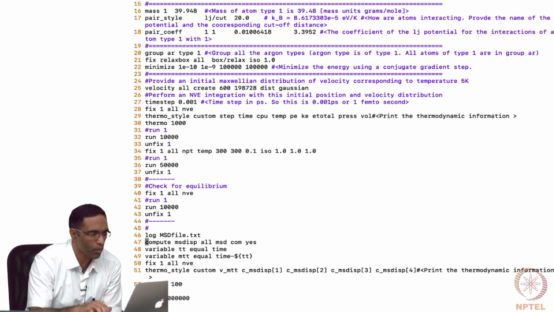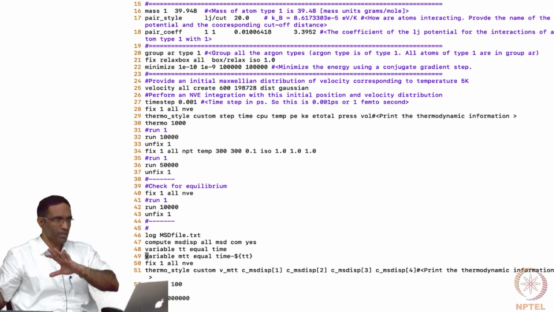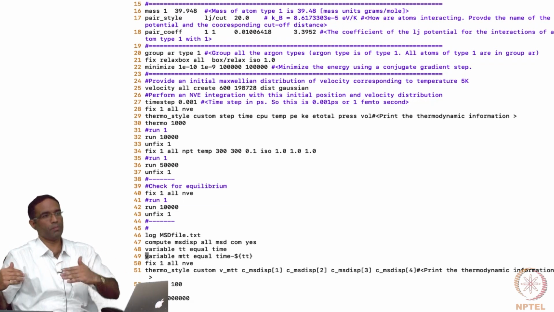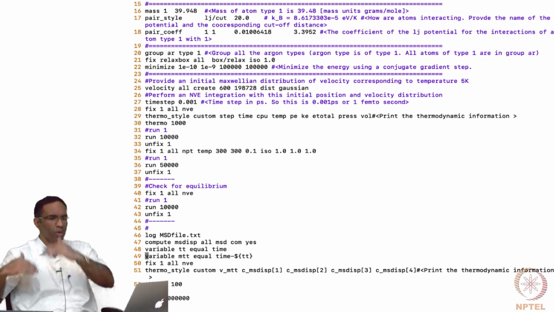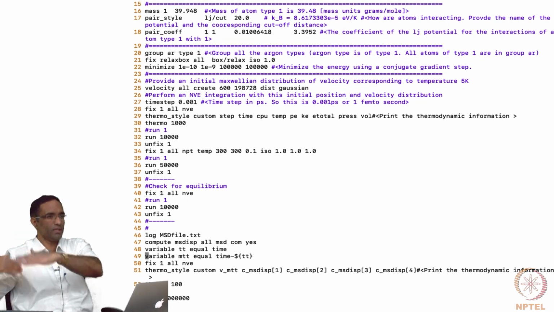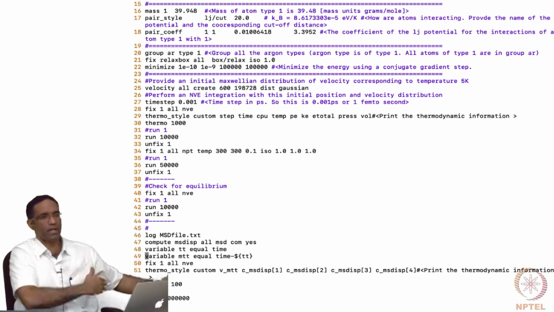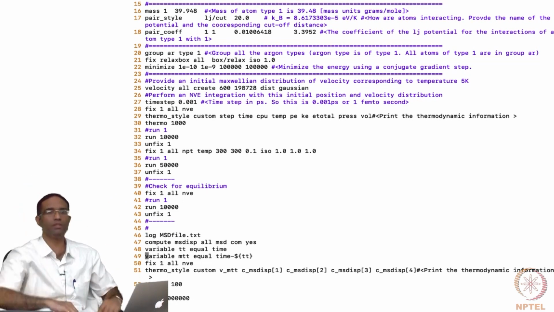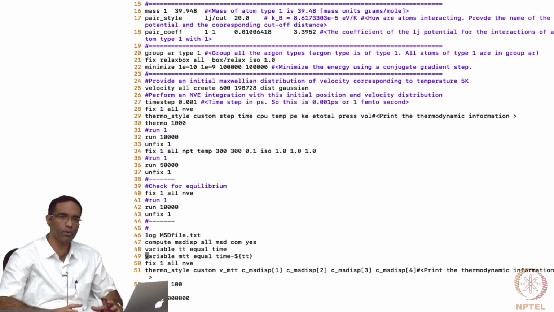So one of the things is we are going to have to print out the mean square displacement. I would like the script to print out only the mean square displacement information in a separate file and not along with everything else, because it becomes cumbersome for me to open that file and delete all the previous steps and look at only what I want.